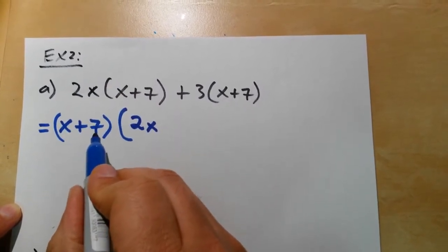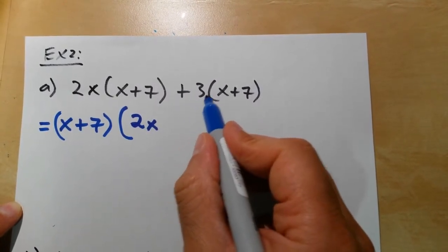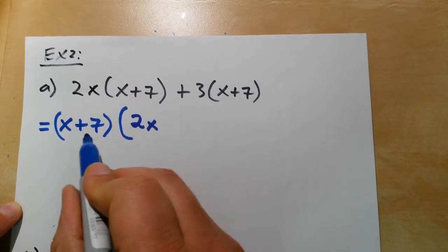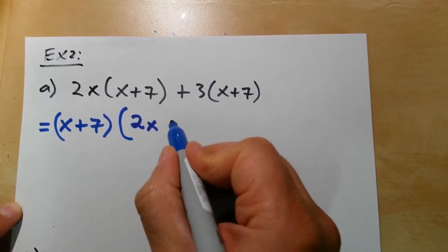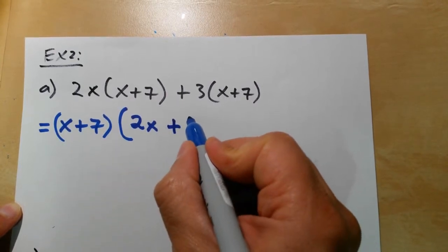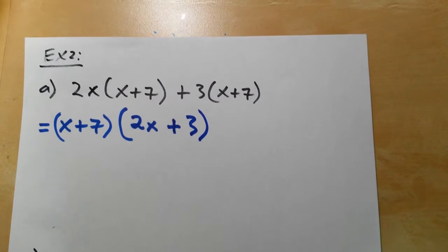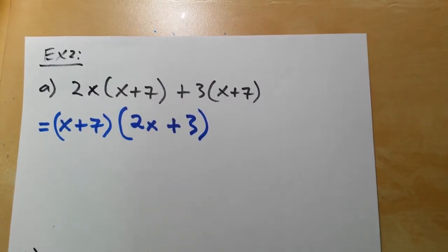And what number do we multiply x plus 7 by in order to get positive 3 times (x plus 7)? Well, we know that the result is going to be positive, so positive x plus 7 times 3. And that is our answer. Always watch out for the signs as well.